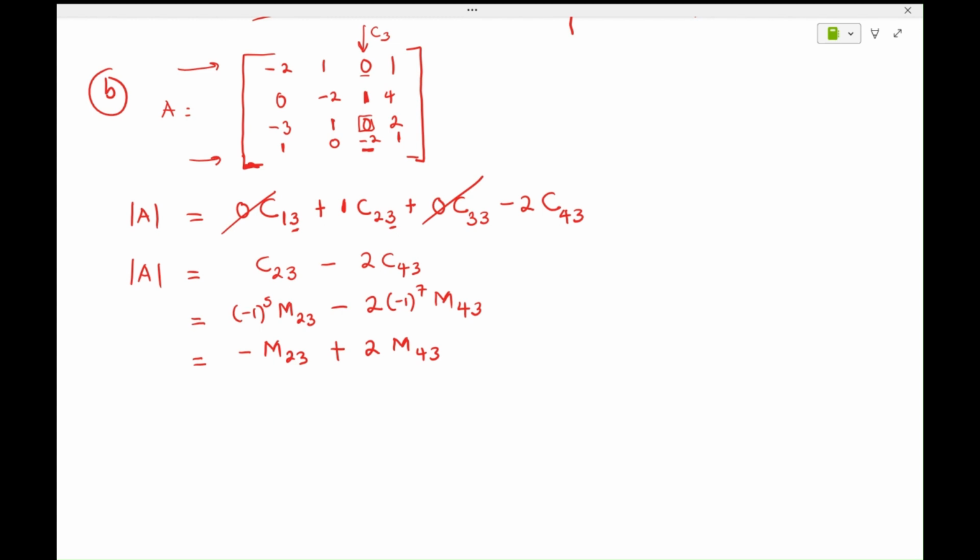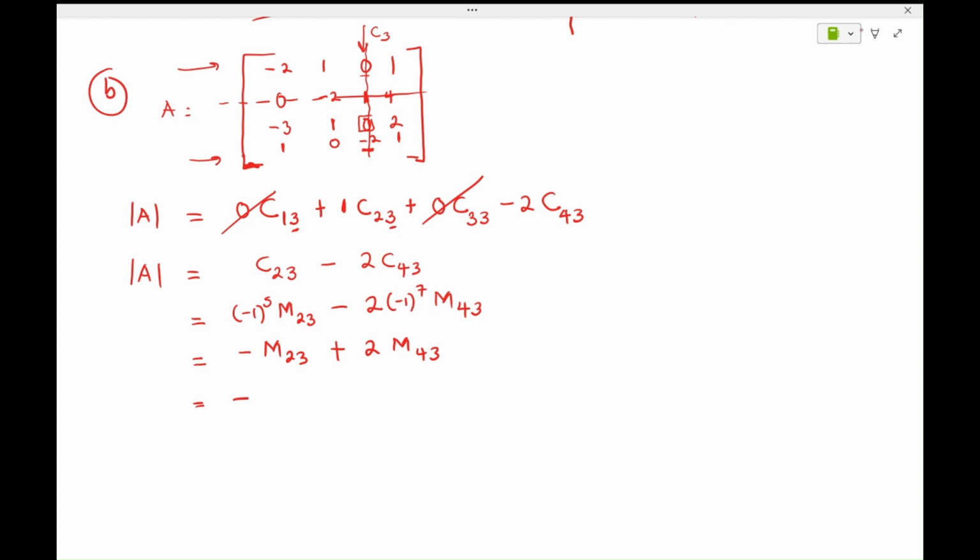So now we have to see what the minor is in this case, when you have a 3 by 3 matrix. So this M23, what is M23? M23 means you delete the second row and the third column. So what is that? Second row and third column, so this one.